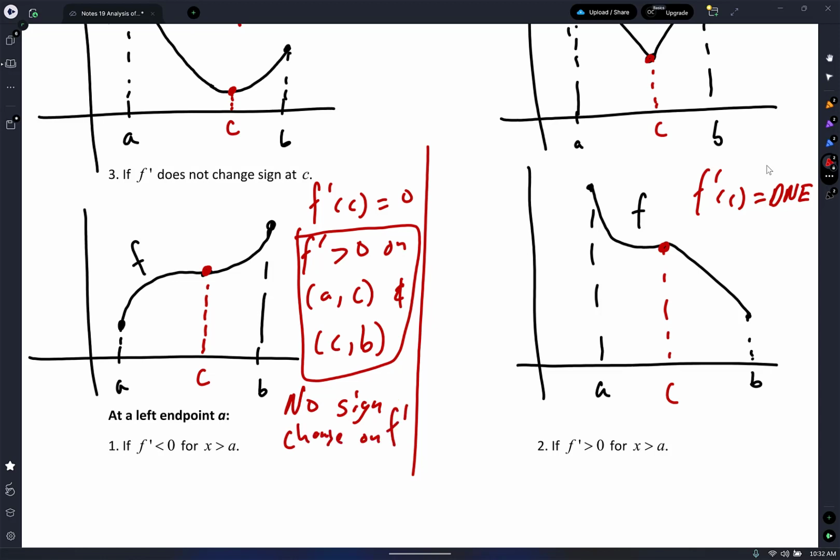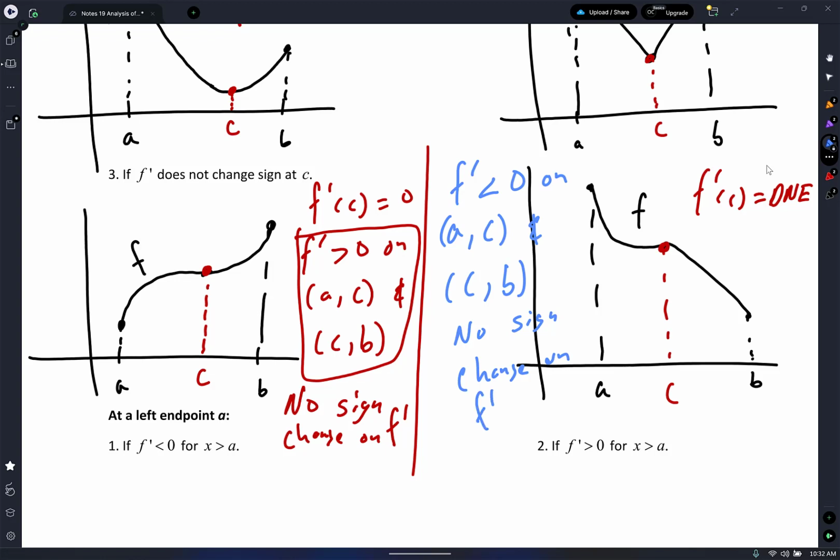Same thing with the right, and on this one I'm going to write in sky blue. F prime is negative on A to C and C to B. Is there a sign change again? Nope. No sign change on F prime.